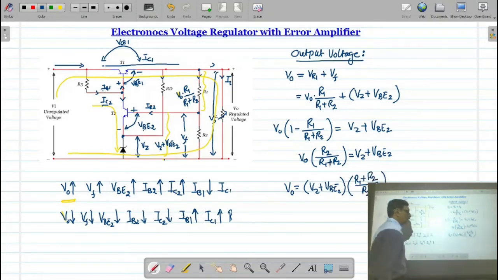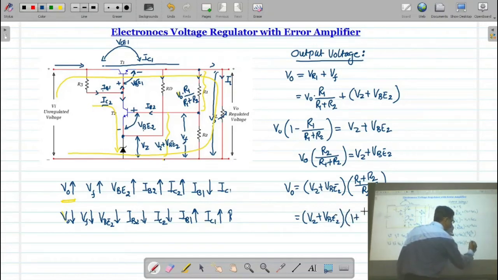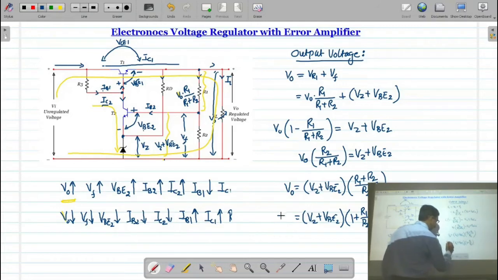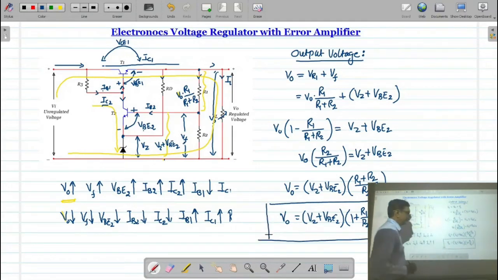You take this term on the other side, and this is equal to, we can say, Vz plus VBE2 into 1 plus R1 by R2. This is the expression for the output voltage of the regulator circuit.